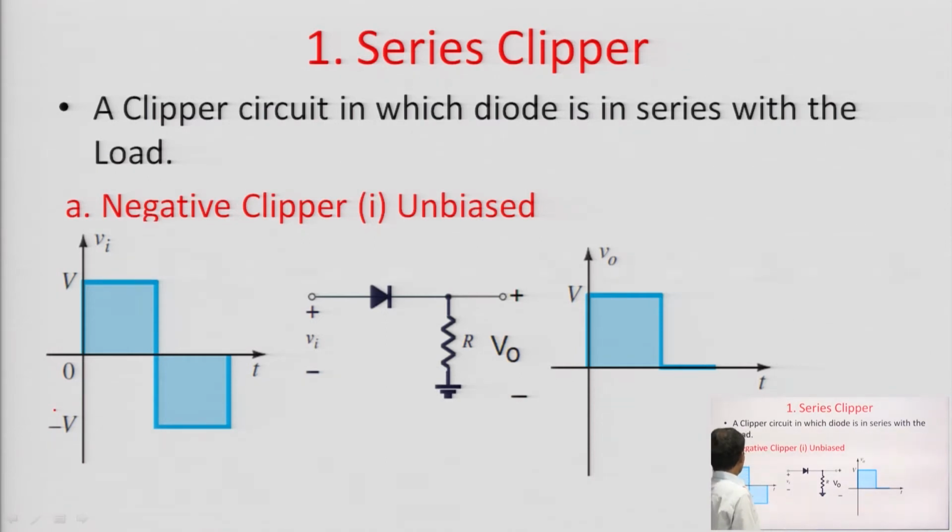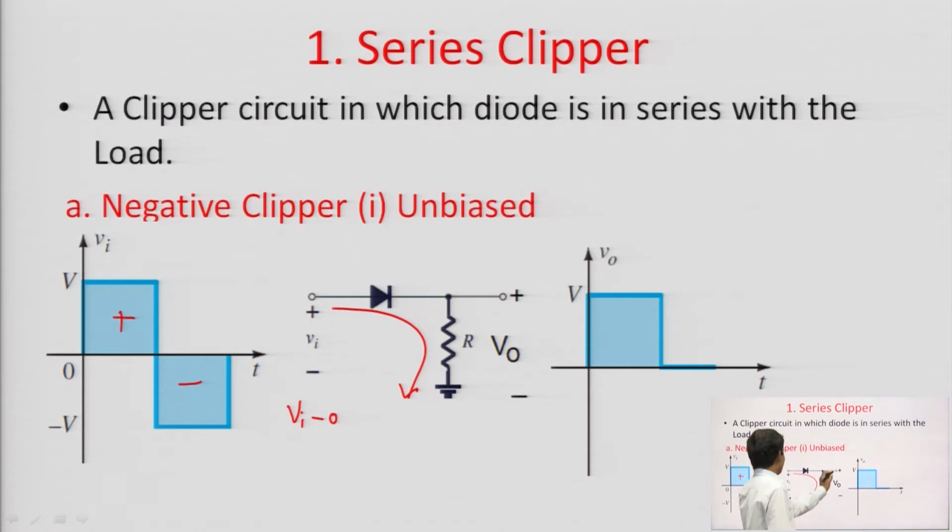This is a square wave signal. This is the positive half cycle and this is the negative half cycle. When the input is the positive half cycle, then what will happen here? The diode becomes forward biased, and when the diode is forward biased, it starts conducting in this loop. This means the output voltage will be equal to the positive half cycle, because when we apply KVL, here KVL is V input minus, if the diode is ideal, minus 0, then minus V naught, equal to 0.